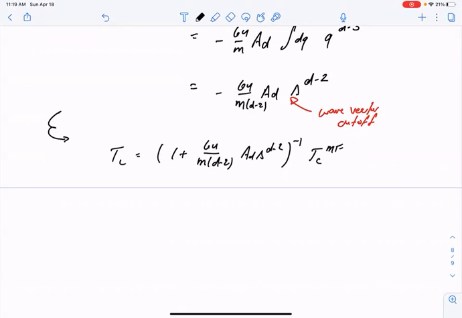So the new critical point, when we include fluctuations at Gaussian order, acts to depress the value of the critical point in a way that depends on this wave vector cutoff, depends on the microscopic scale that we can go down to.